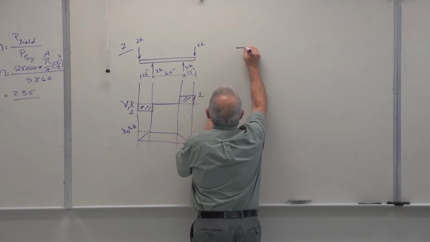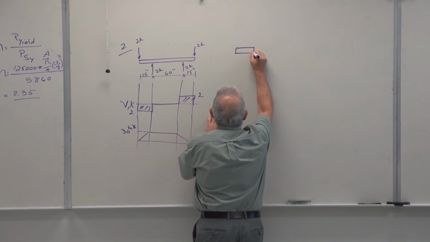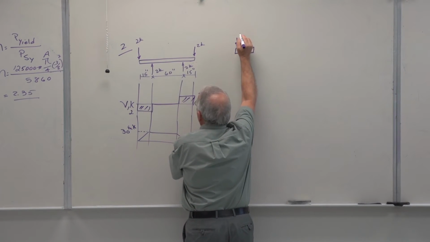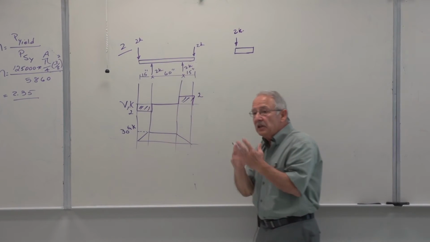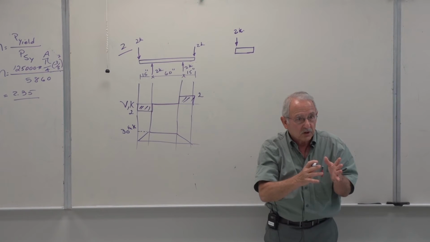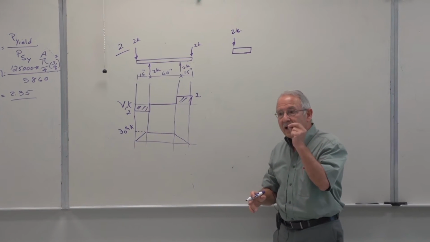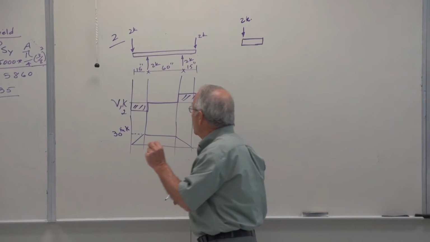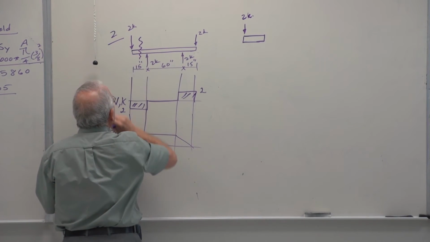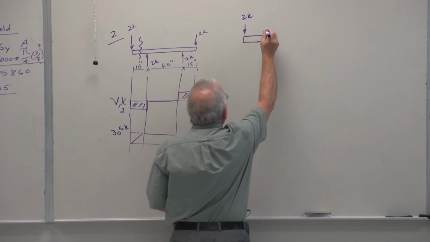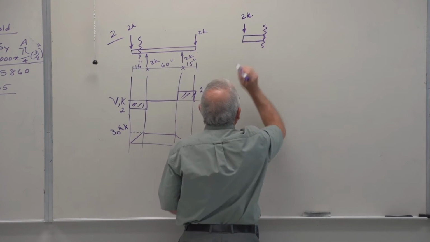To do that, you need to draw a correct free body diagram, not at any specific point, but at a general point. You're trying to find an equation for the moment in this section. So there is that section.